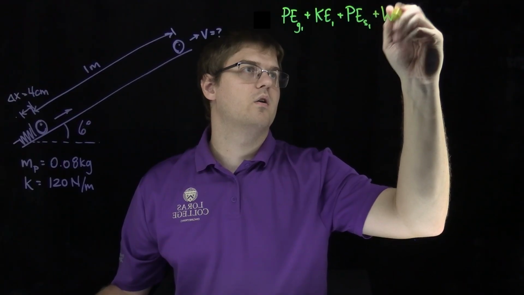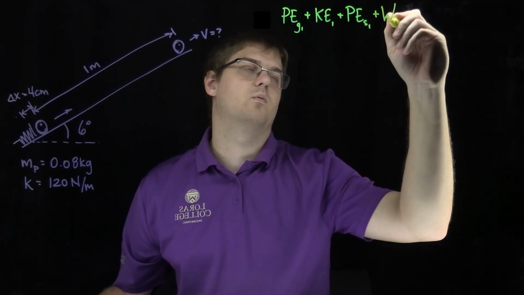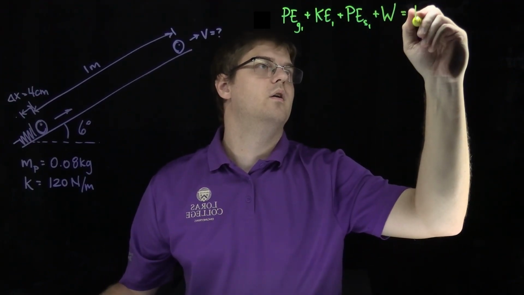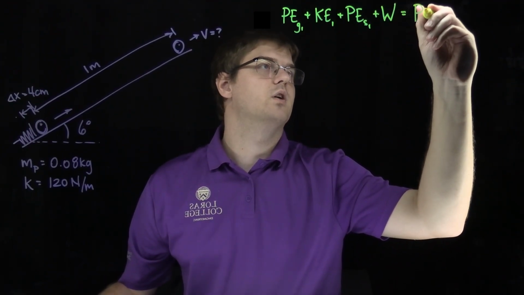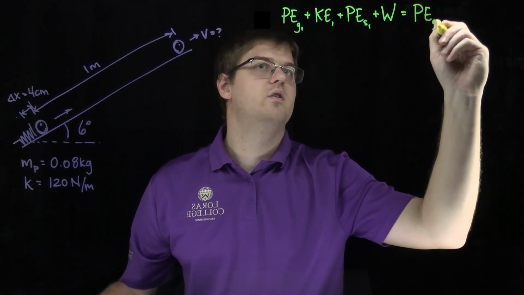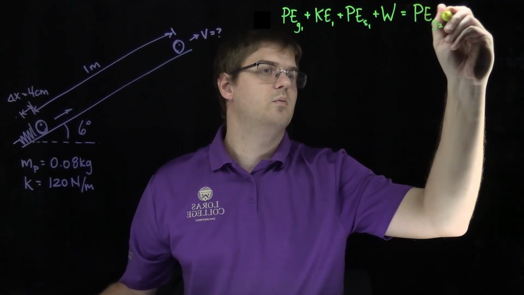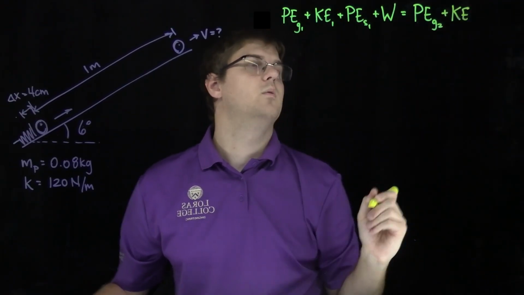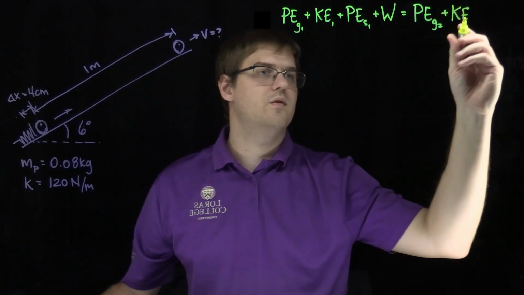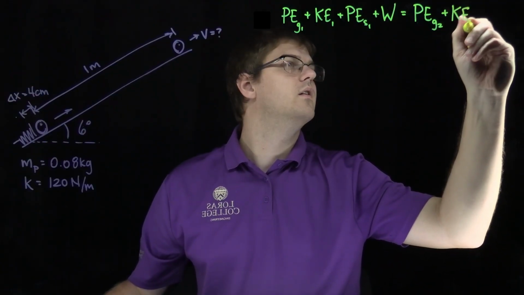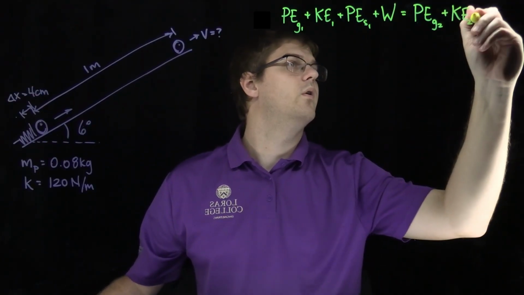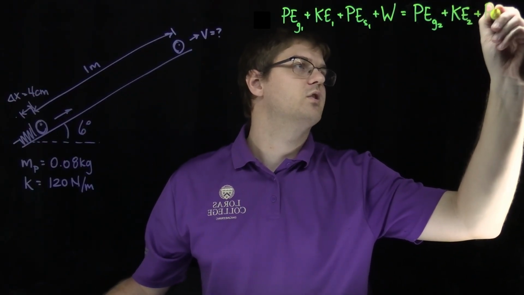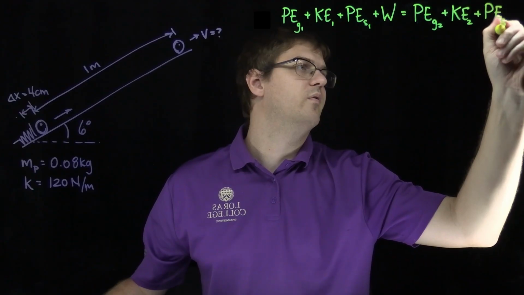Plus the work done on the system is going to be equal to our gravitational potential energy at 2, plus my kinetic energy, plus my potential energy of my spring at 2. Doing my best here. The screen is not actually horizontal, so if I go off the board, I apologize.